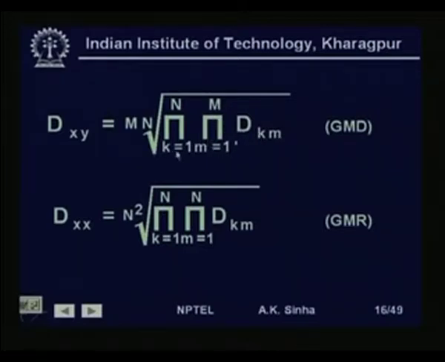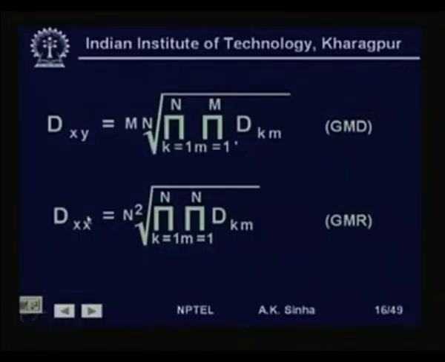That is, what we are saying is that this is the geometric mean distance of each subconductor in conductor x to each subconductor in conductor y for all the subconductors in conductor x, and d xx is again the geometric mean of the distance of each subconductor to other subconductor in conductor x.